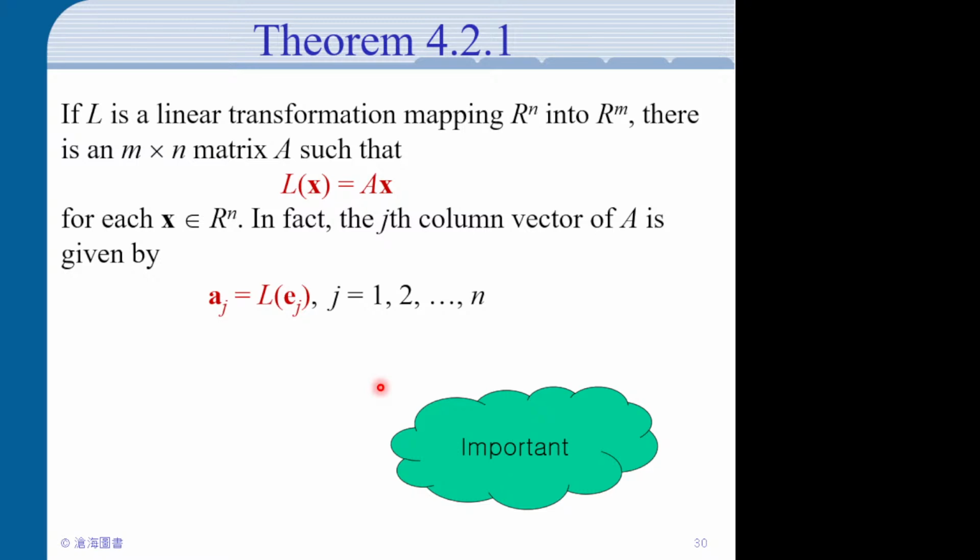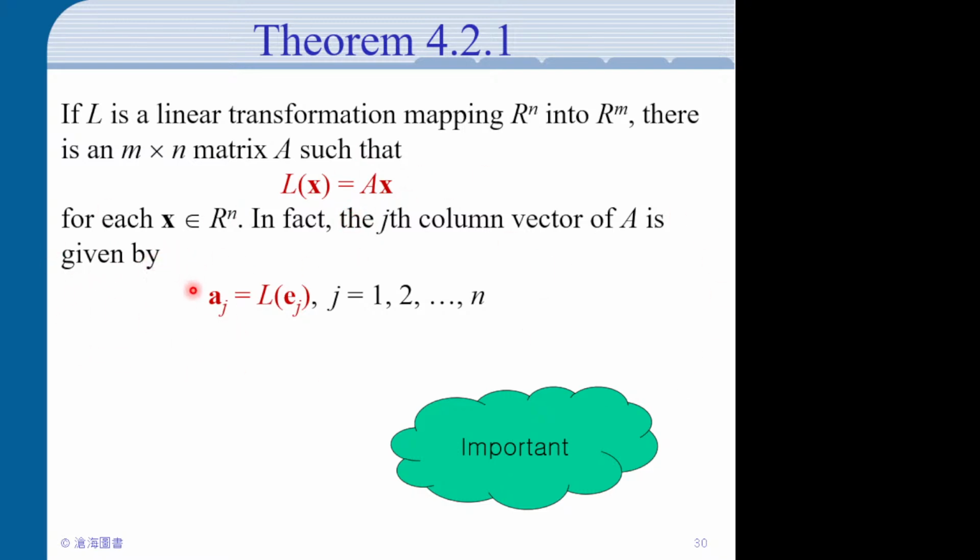Every linear transformation is related to a matrix A, such that the linear transformation of X is just you multiply A on your X. Here this part is already a theorem, but the theorem actually gets the proof. And we also say how you find this A. So this is a very constructive theorem.